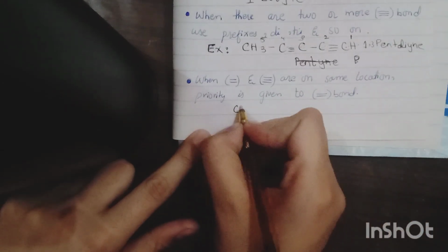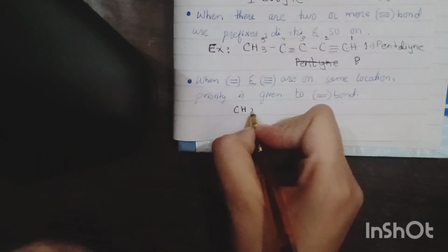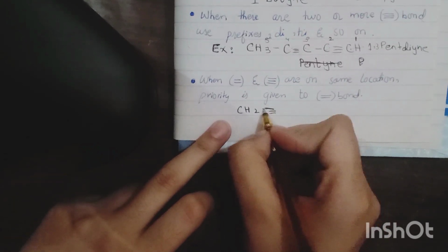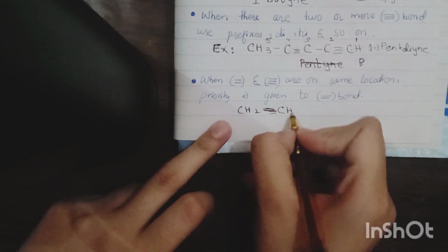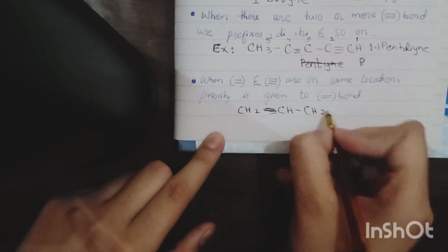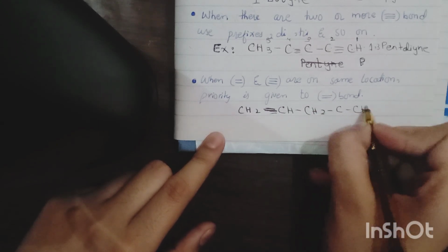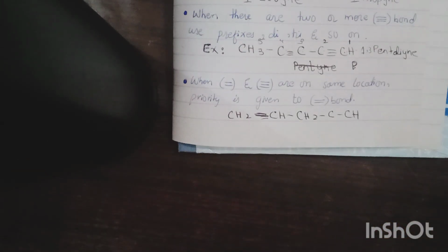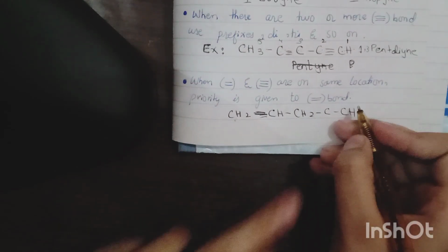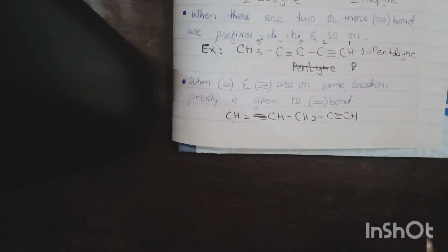I can elaborate this with an example. Let's see: CH2 double bond here, CH2, C and CH. Here on the first carbon we have a double bond, and on the third carbon we have a triple bond. What do you think, where should we place the numbering?